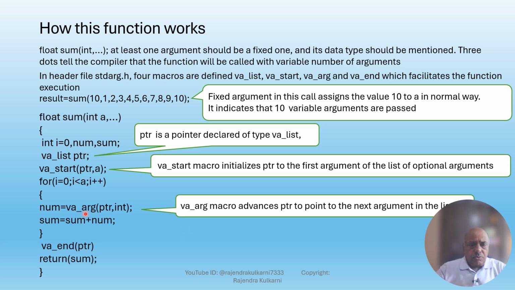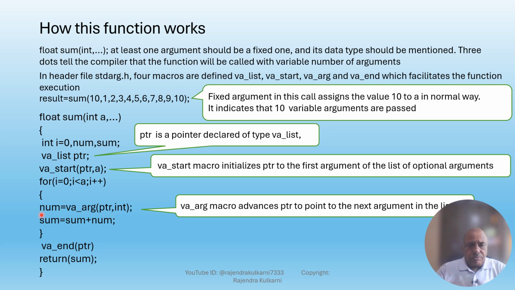What does the va_arg(ptr, int) macro do? It advances the pointer ptr to the next argument in the list. With the execution of this statement, ptr is pointing toward the first argument in the list of variable arguments. va_arg causes ptr to point to the next argument.